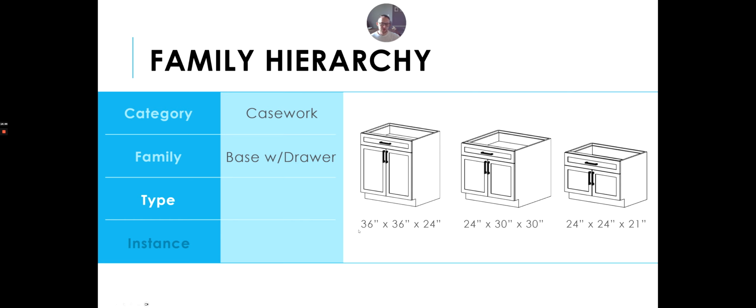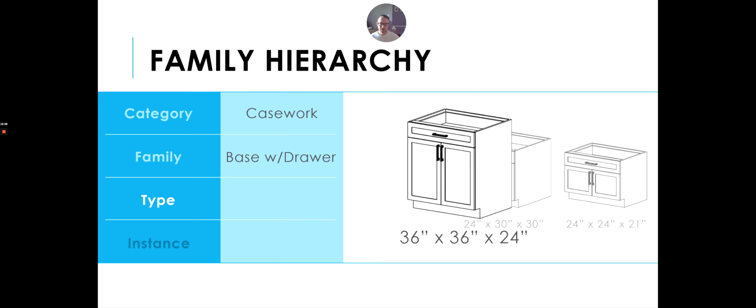This type would be a 36 by 36 by 24, or this would be 24 by 30 by 30. That would be more for an office. This would be more for a kitchen. And this would be more like a vanity in a bathroom. The type names are down here, and I'll show you examples of type names when we get into the project.